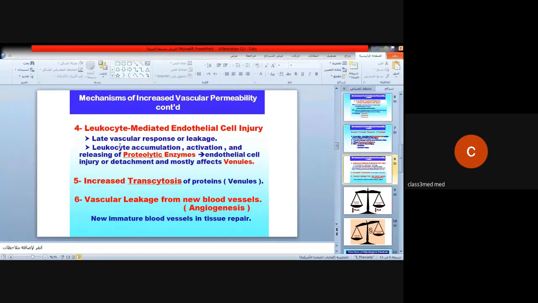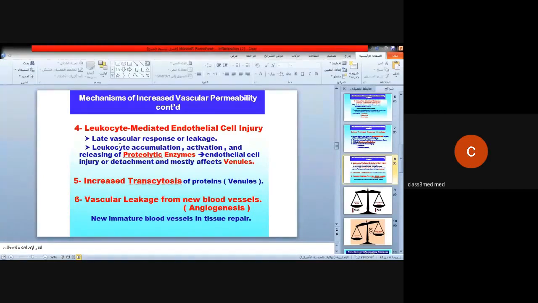As we said, the wall of the venules is delicate and weak, not like the wall of the arterioles or capillaries, so it is easily affected by chemical mediators.